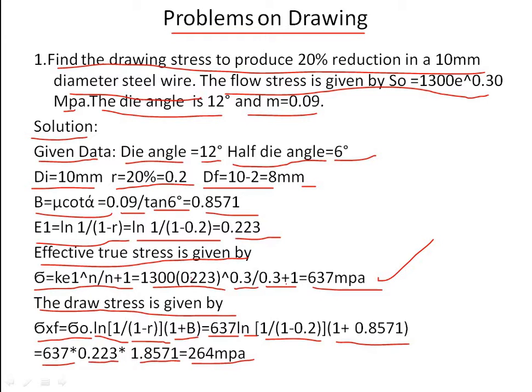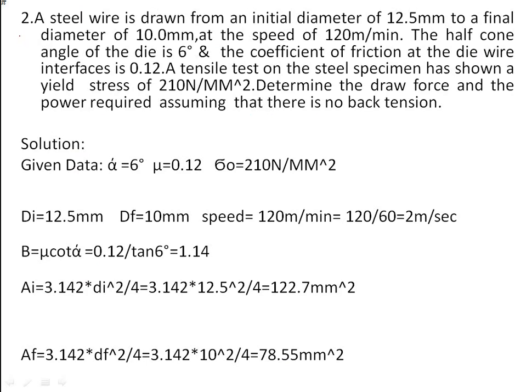Is it clear? So next we will be taking one more problem based on the same. This is the second problem. A steel wire is drawn from an initial diameter of 12.5 mm to a final diameter of 10 mm at a speed of 120 meter per minute.